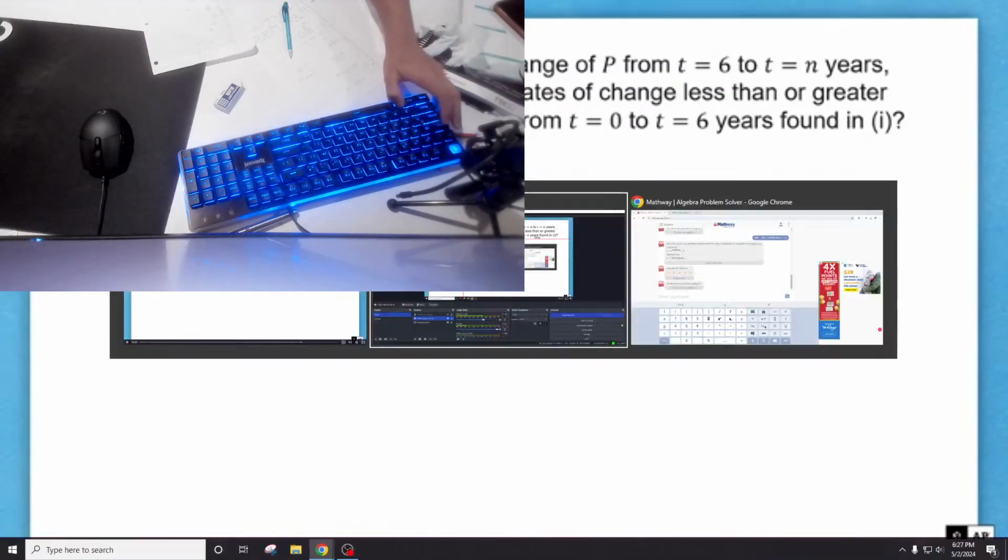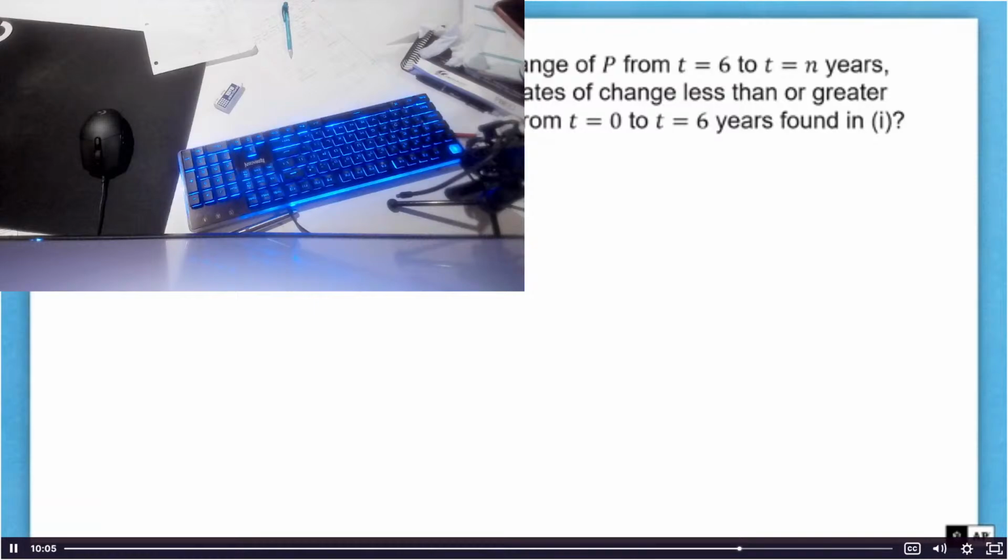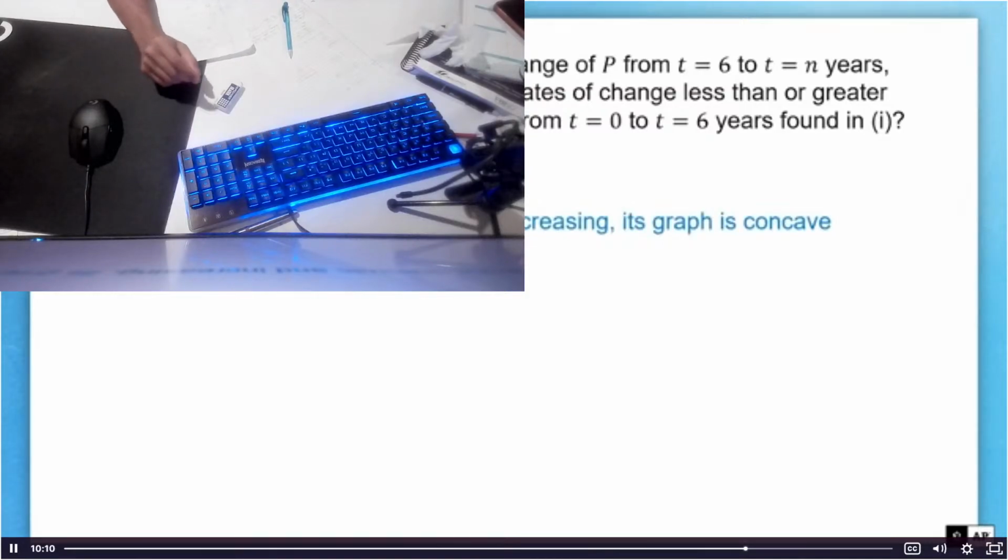As a reminder, you have a graphing calculator for this. One of the things you can do is look at the graph of this function. You'll notice that our function is logarithmic and it's also increasing. This is partially due to the fact that the coefficient for my logarithmic term is positive, and the coefficient for the t is positive as well. But because P is logarithmic and increasing, our graph here is going to be concave down.